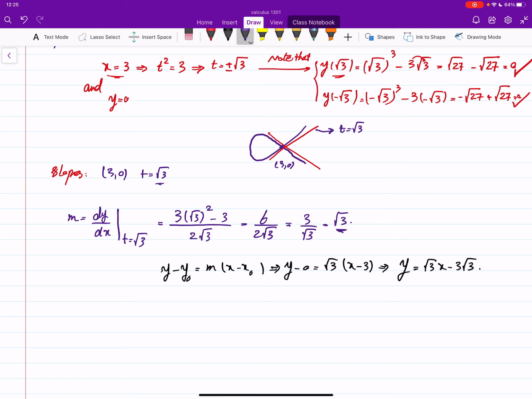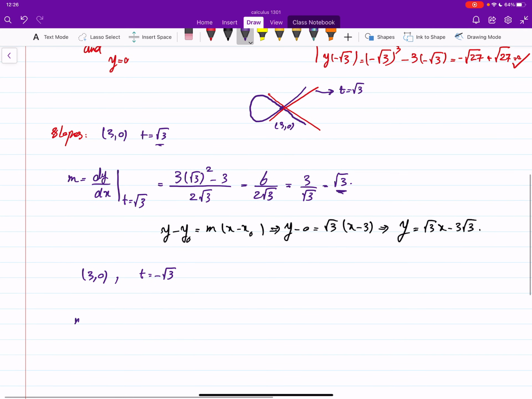How about the other point? Well, the same point, but a different parameter. If you plug it into the derivative, this is going to be 3 times negative root 3 squared minus 3, and 2 times negative root 3.